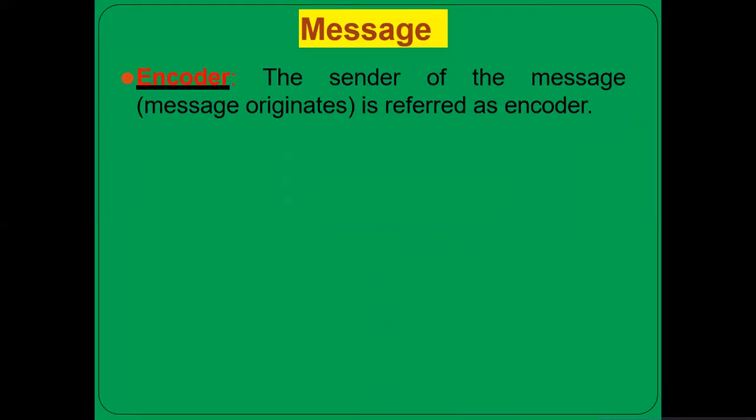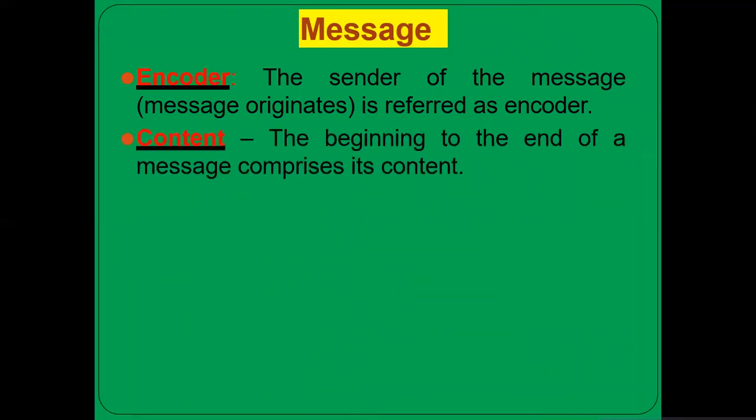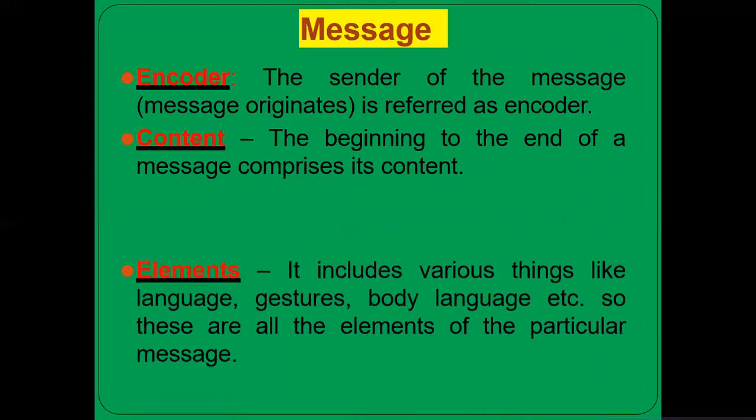Now it is time to understand the point message and its subpoints. Encoder, the sender of the message, that means the one from whom the message originates, is referred to as the encoder. Content, the beginning to the end of a message comprises its content.